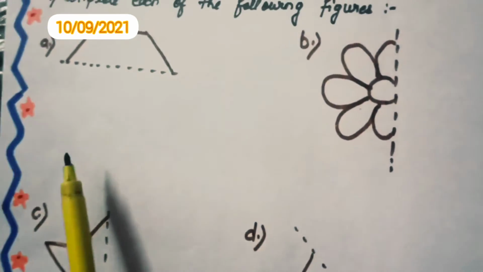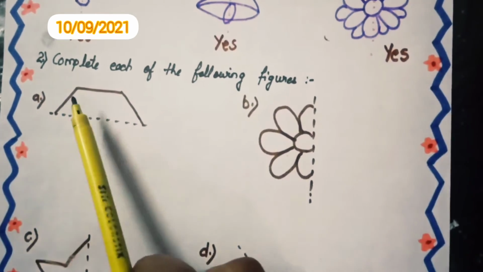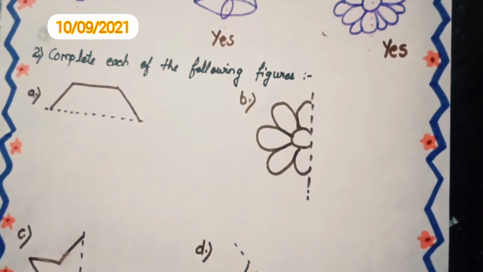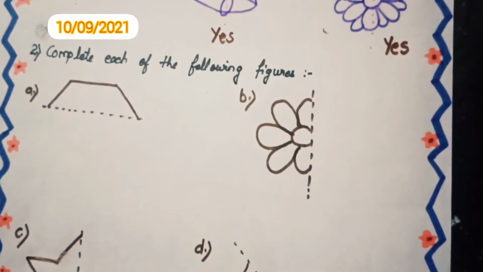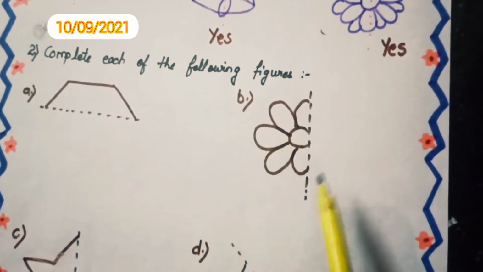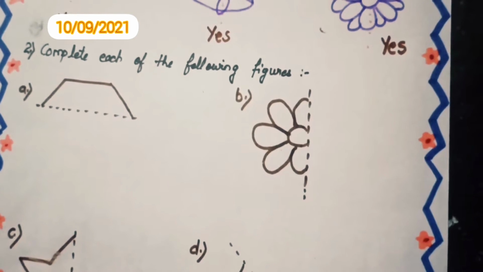Now we will move on to question number 2, and the question says, complete each of the following figures. Now see students, I hope you all can see it in your book as well on page number 143, that the figures are given to you, right? And only half of the figure is given to us.